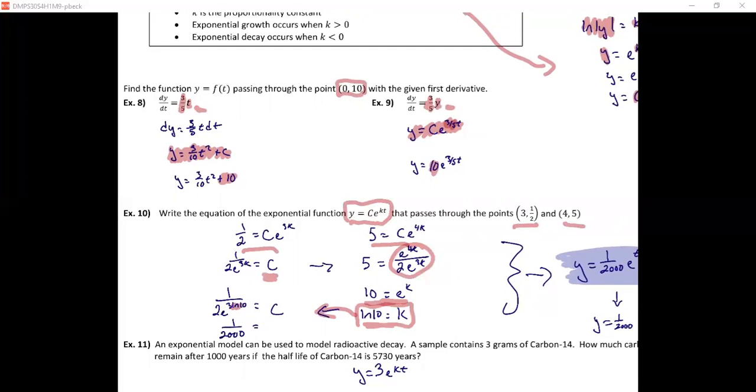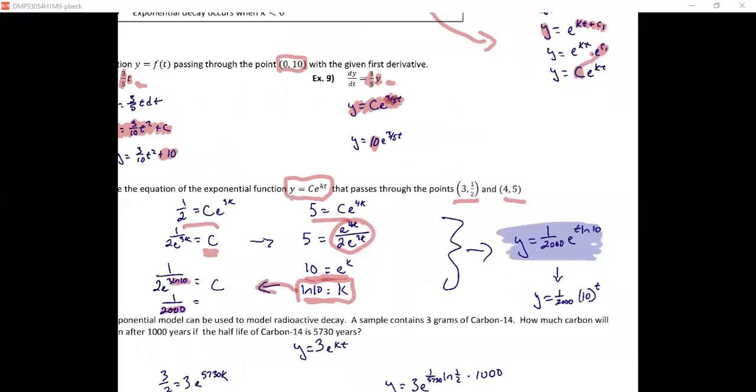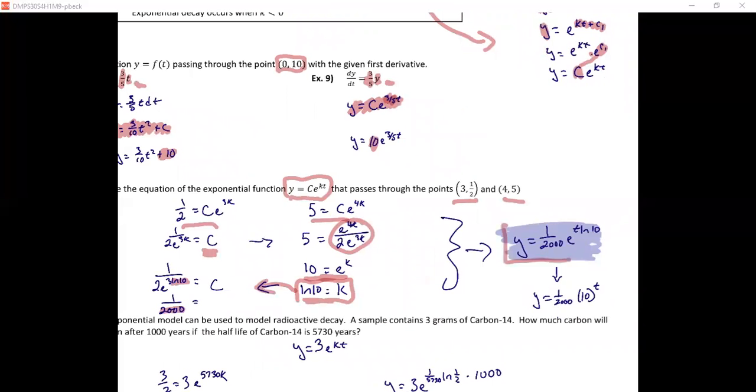So c is 1 over 2 e to the 3k. And then if you remember, based off of your arithmetic, 3 natural log of 10 is really the same thing as natural log of 1,000. And e to the natural log of 1,000 is where we get just 1,000. So 1 over 2 times 1,000. Then I go ahead and put that all together.